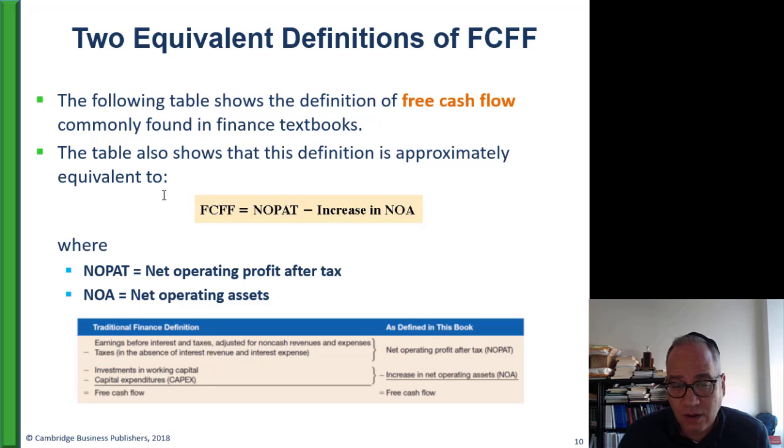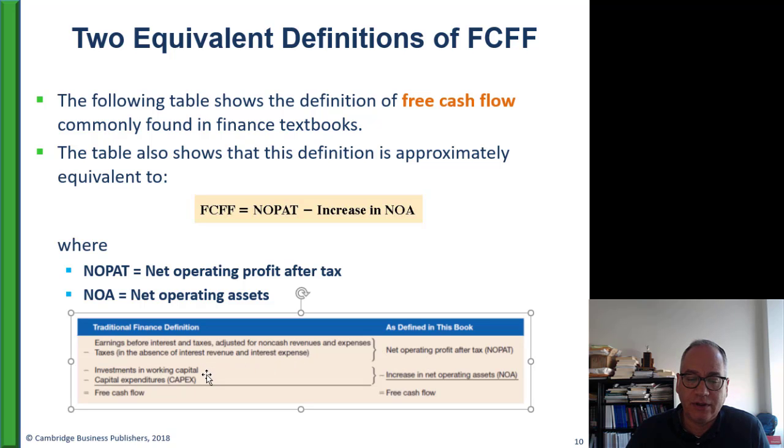And the textbook here gives you a different definition, and what they do is they take EBITDA, so earnings before interest and taxes, adjusted for non-cash revenues and expenses, subtract taxes, subtract investments in working capital, and subtract capital expenditures. So they use this other measure of doing it.